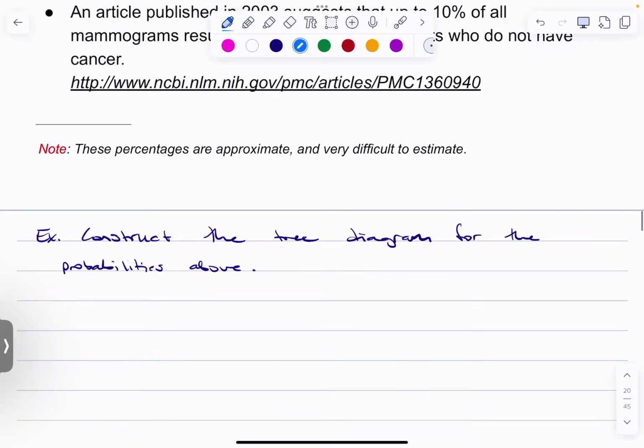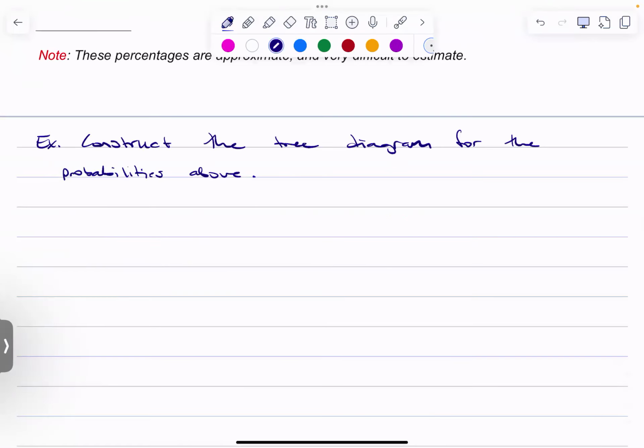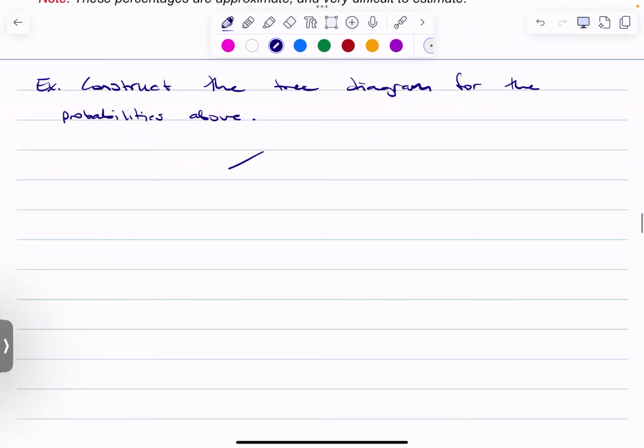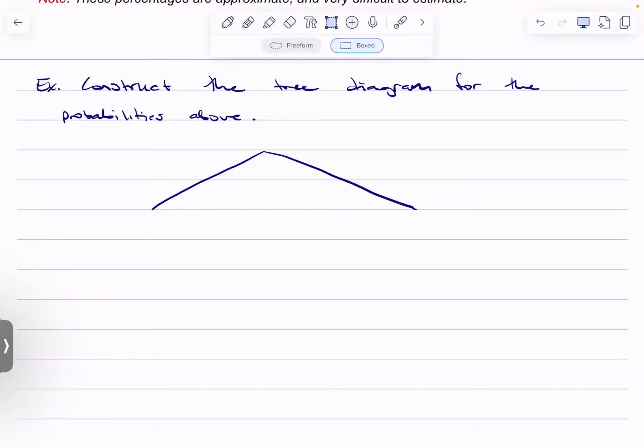And so my first set of branches, I'll do like this. And you want to give yourself as much space as you can.